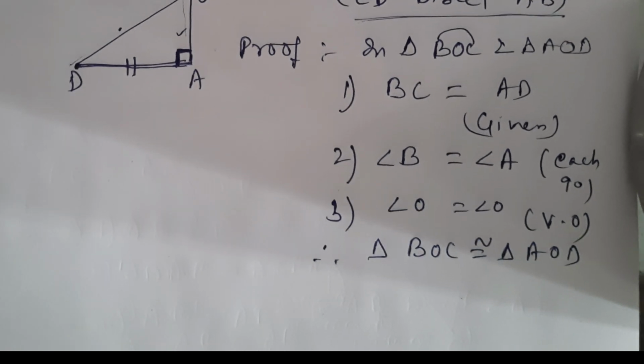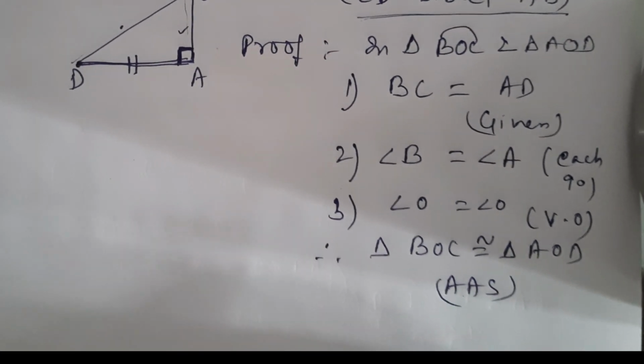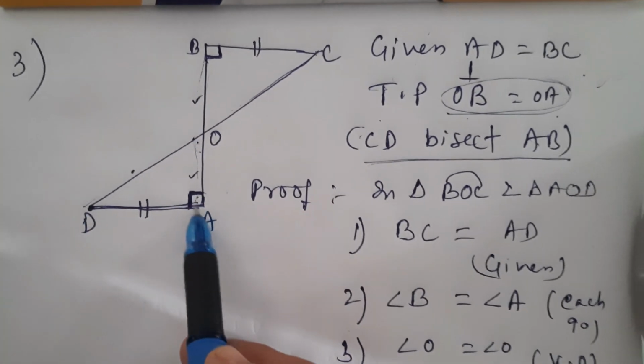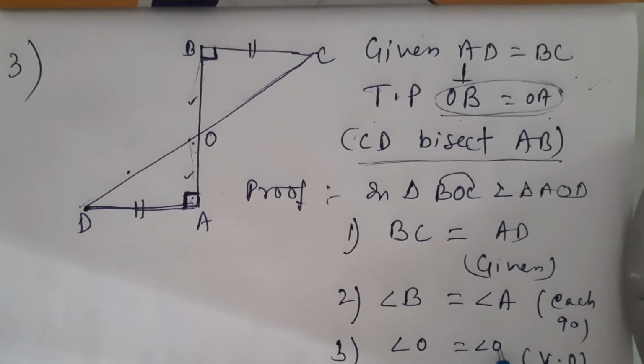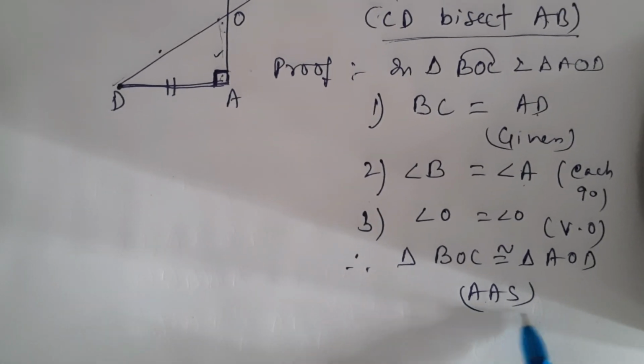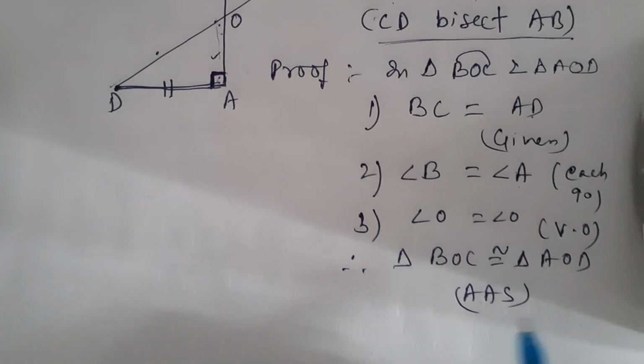So how did they get congruent? By AAS congruency rule, that is angle, angle, side. Here we got two angles, then the side. So once we make the triangles congruent, we can prove the corresponding sides.